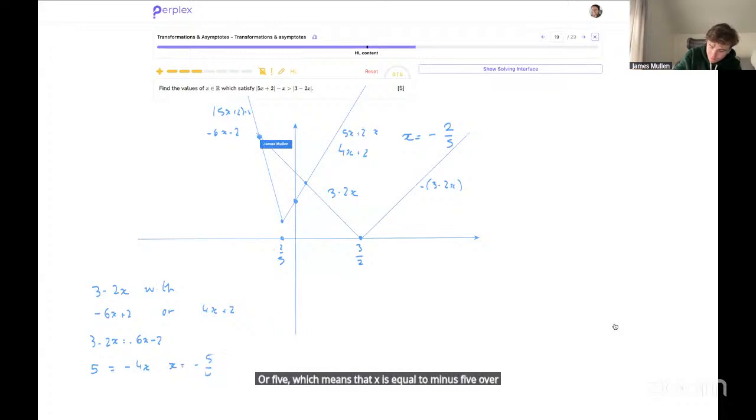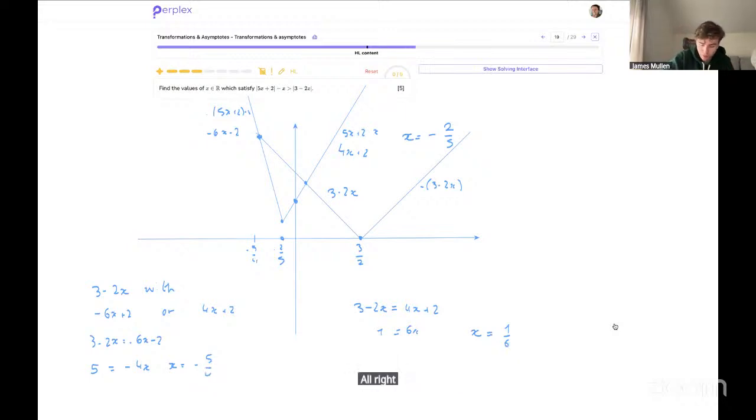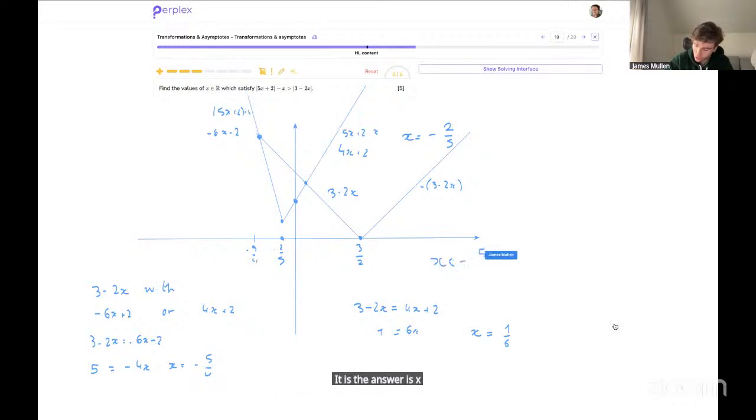That's this, -5 over 4. And the second intersection is 3 minus 2x equal to 4x plus 2. That means that 6x is equal to 1, so x is equal to 1 over 6. Because I'm looking for this entire region or this entire region, the answer is x less than -5 over 4 or x greater than 1 over 6.